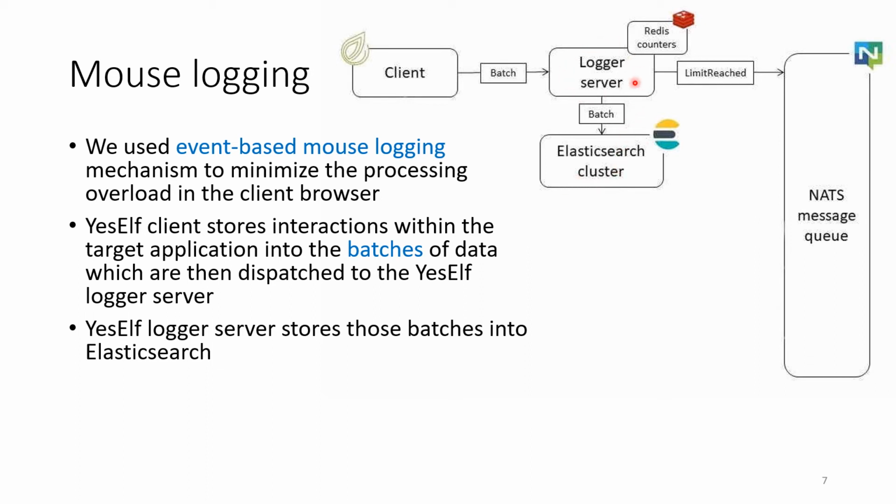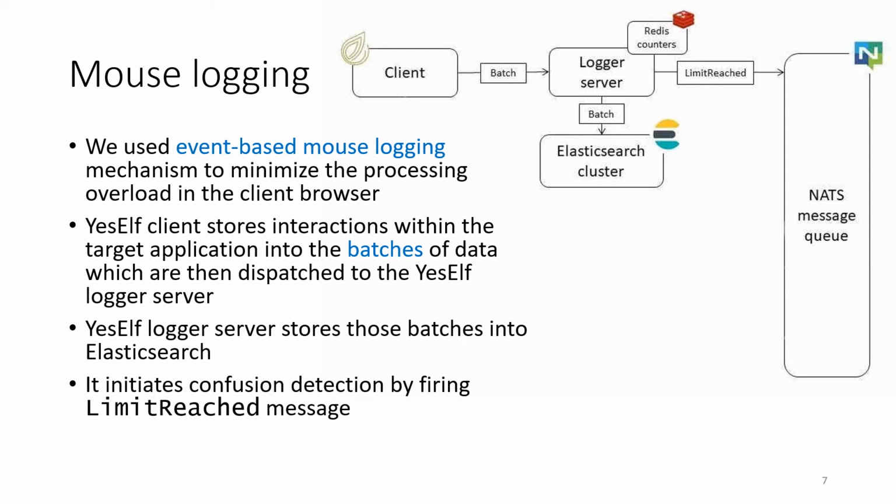The logger server also counts the number of mouse events, and if a limit is reached, it fires a limit reach event, which initiates confusion detection.